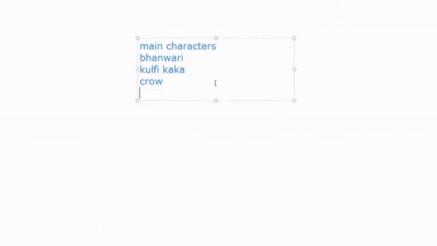Okay, so now the next question. Describe Bhavri. So you have to give a few describing words for the main character, that was Bhavri. How was she? So according to me, she was a kind girl.